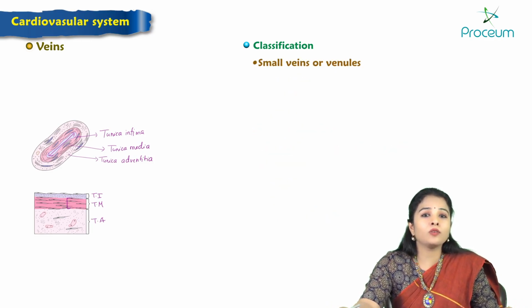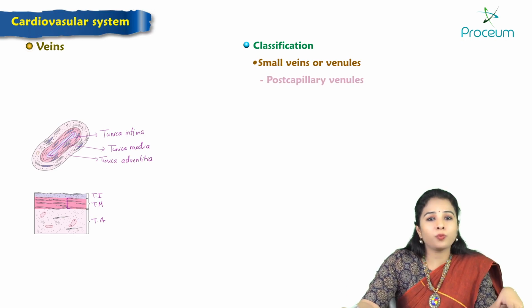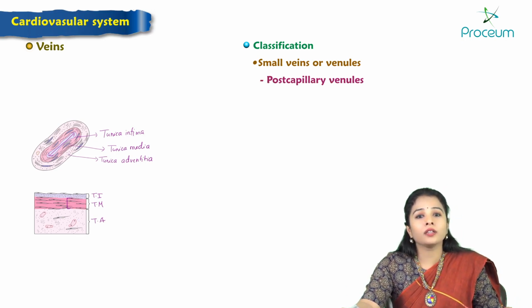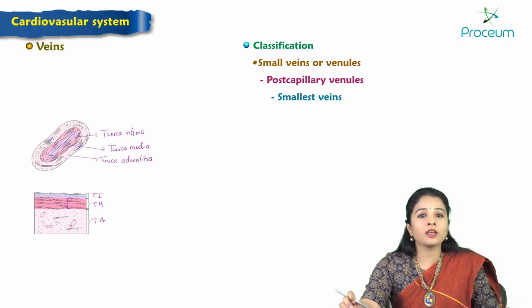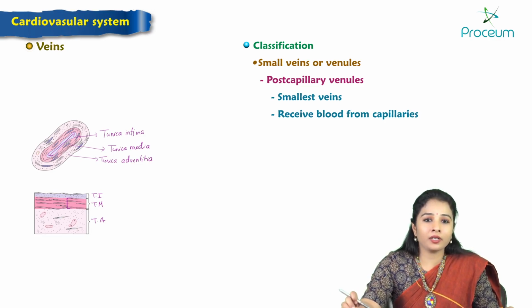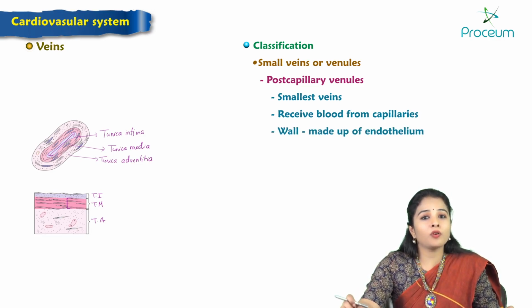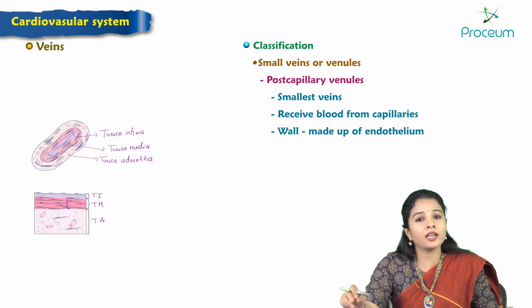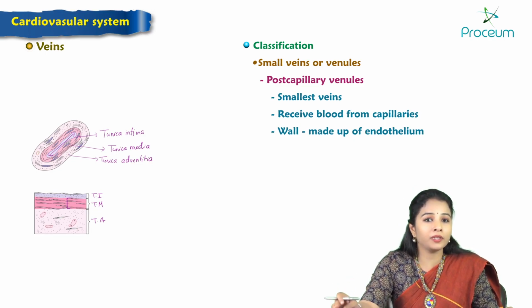Small veins or venules. These veins again we can divide into two types: post-capillary venules and muscular venules. So first, about these post-capillary venules, they are the smallest veins and receive blood from the capillaries. Their wall is made up of endothelium. So internally they are lined by simple squamous epithelium which is called endothelium.